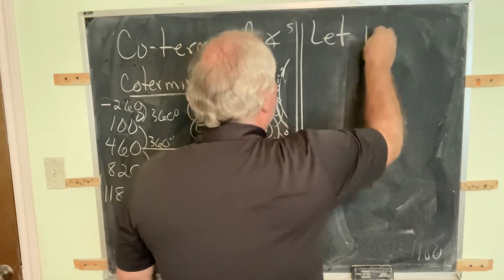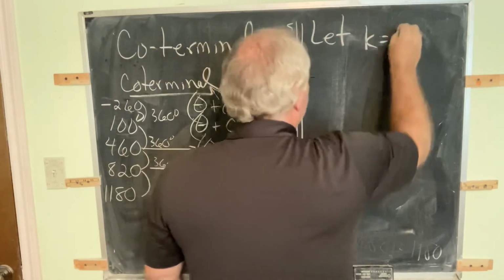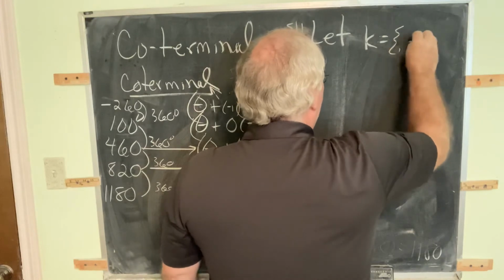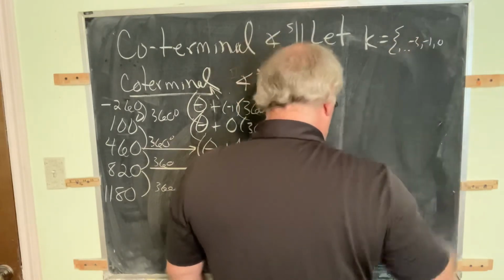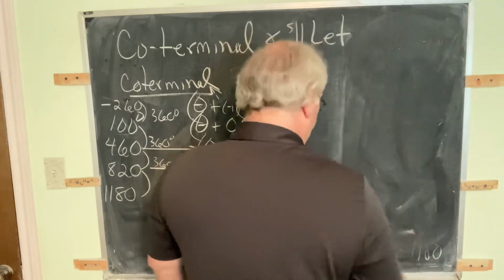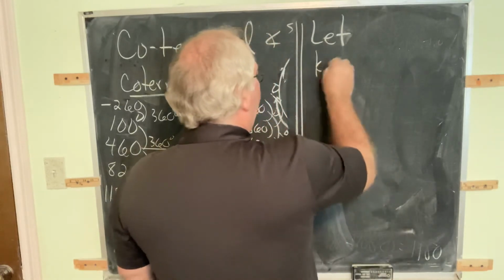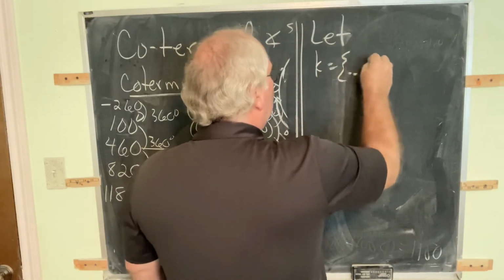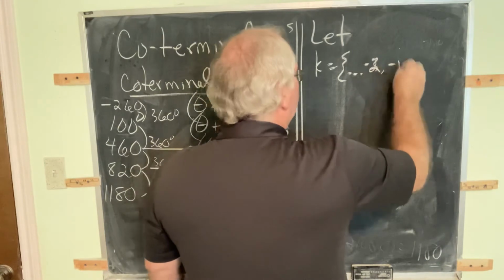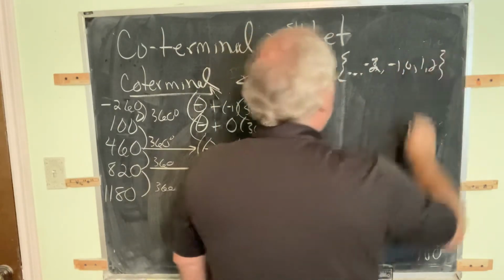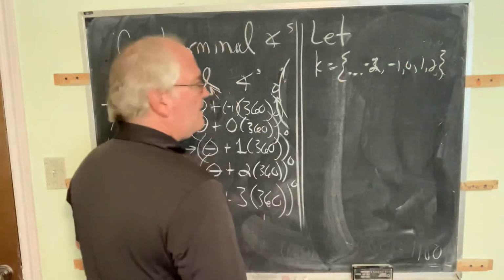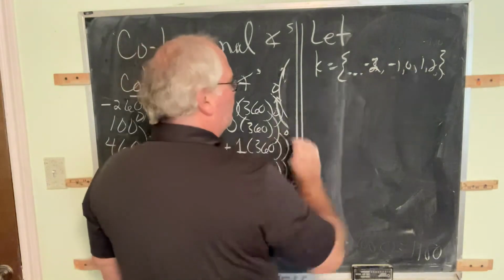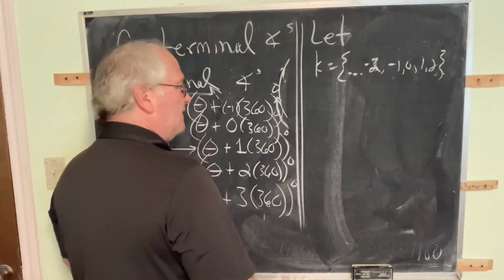Let K equal -2, -1, 0, 1, 2. All right. K is any number, positive or negative, natural number counting.